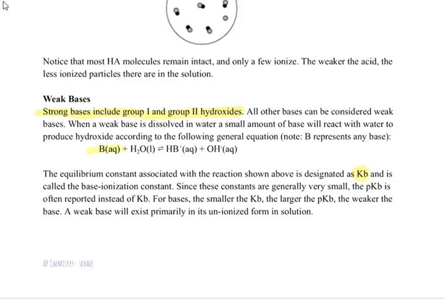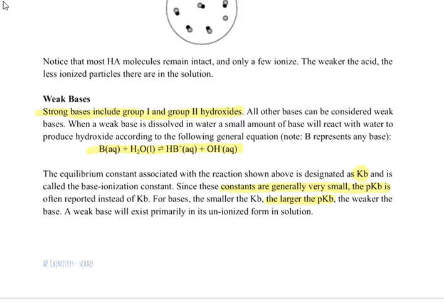Your formula will kind of look like this. You're going to have your base plus water, which will form your conjugate acid and your conjugate base. And then on here, again, if your constant is small, your pKb is going to be large. Okay, so be sure you note that.